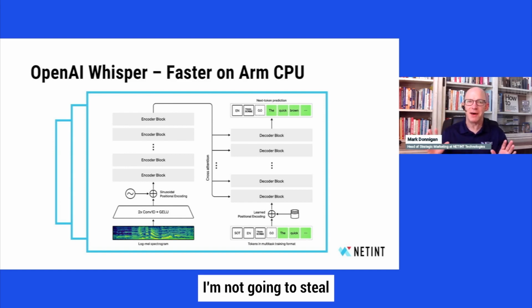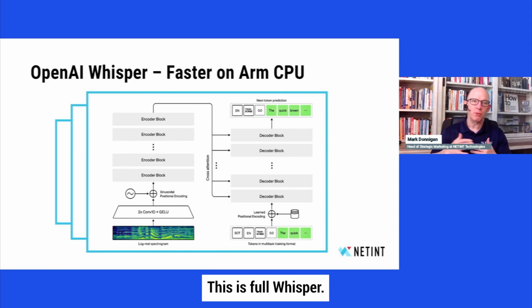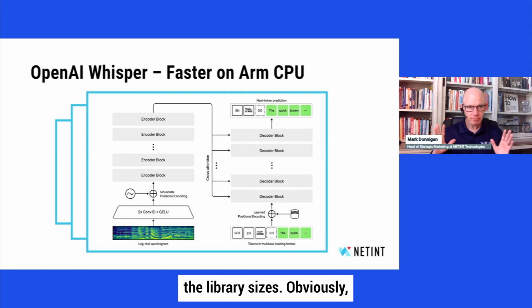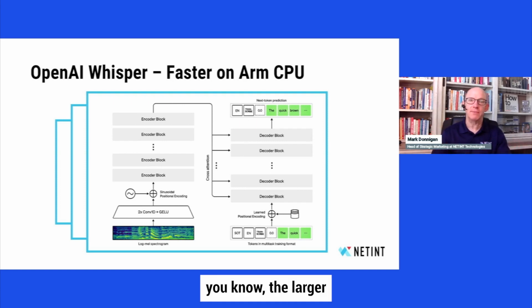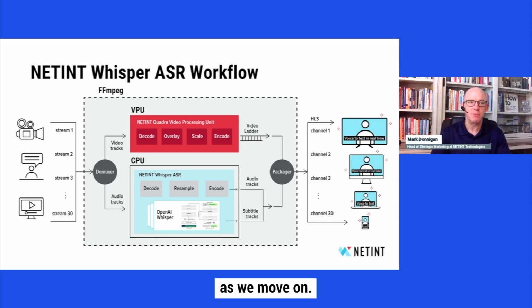I'm not going to steal Ampere's thunder, but the point of this particular slide is if you've done some research, you're familiar with Whisper, this is not some sort of a truncated, cut down, you might say neutered version. This is full Whisper. We can run all of the library sizes. Obviously, the larger the library, of course, is going to cut down the throughput, and we understand how those things work. And again, we'll share a bit more details about that as we move on.